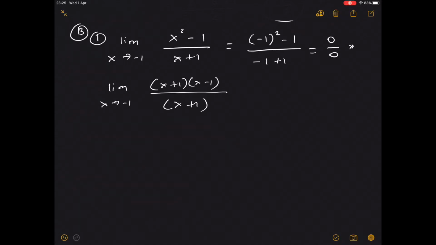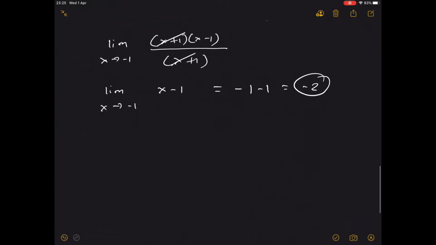So you can cancel the x plus 1 and x plus 1. So what remains is the limit as x approaches negative 1 of x minus 1. So you try to substitute now the value of x. So you will have negative 1 minus 1, negative 2. So your limit will be negative 2.